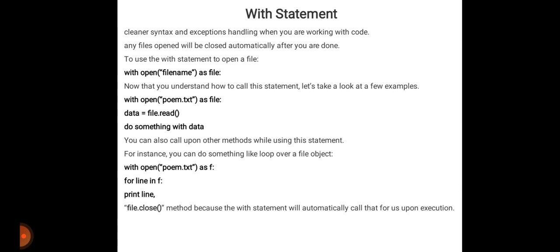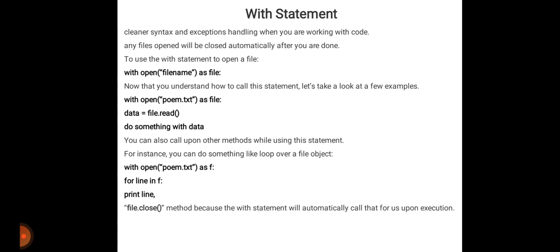Here the compiler reads your data, and then you do something with the data. You can also call other methods while using the statement. For instance, you can loop over a file object: with open poem.txt as f, for line in f, print line.